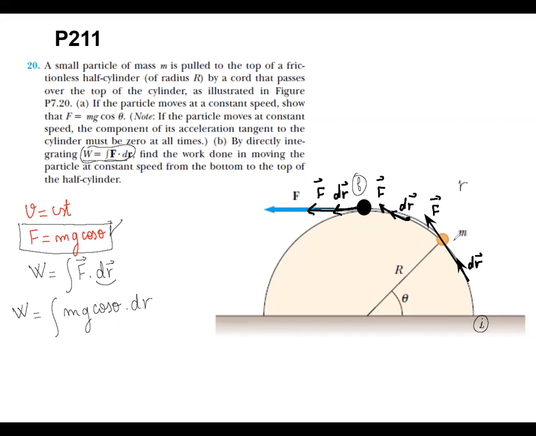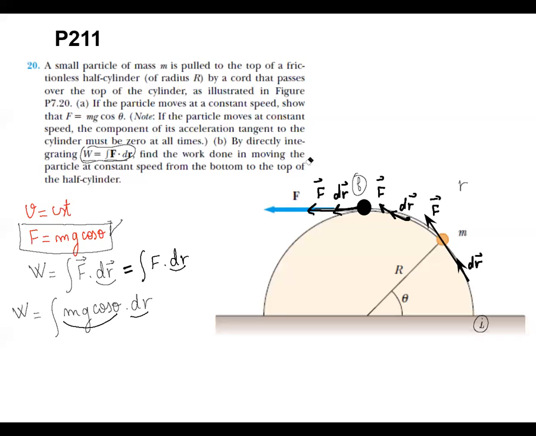So F and dr must have the same direction at any point from the initial position to the final position. So we can write the integral of F dr, where F equals mg cosine theta.